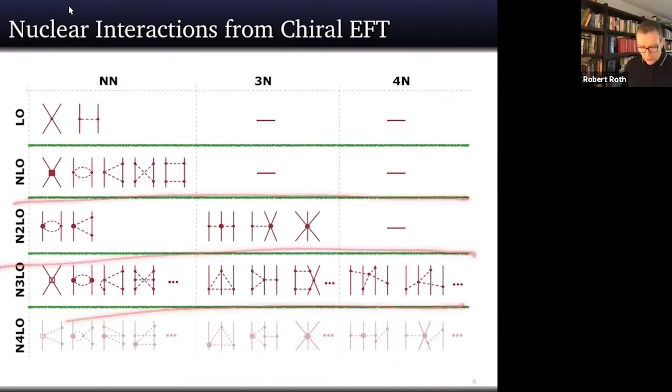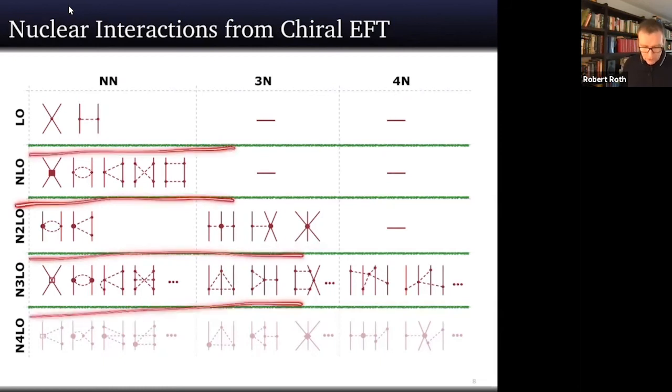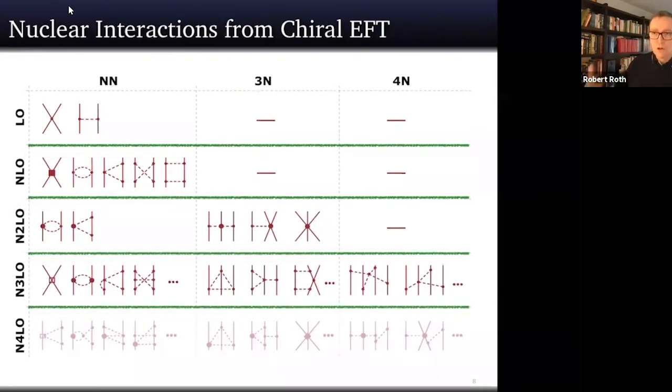And not just go to the highest level that you can possibly handle, but really do all the levels and observe how your results change with the order of your chiral interaction. Use the systematicity that you have in chiral EFT to do step-by-step, order-by-order calculations, because this will give you information on the convergence behavior of this chiral input.